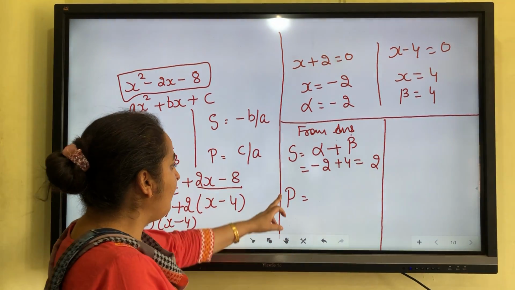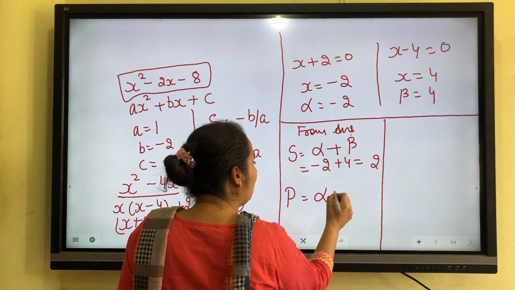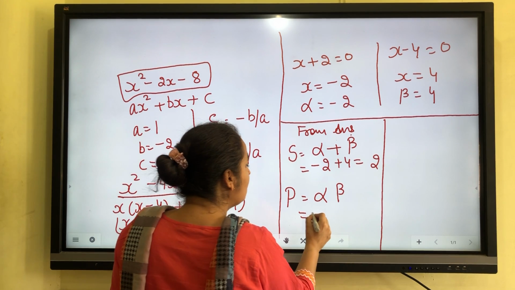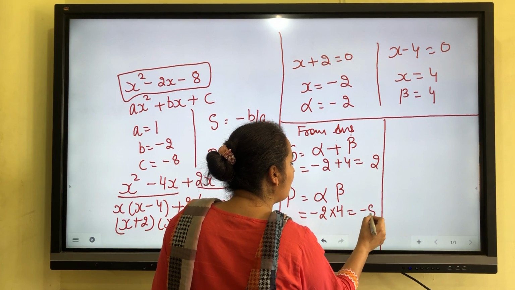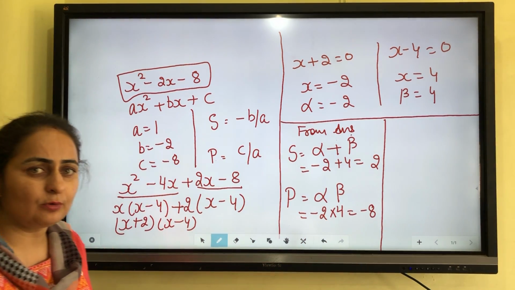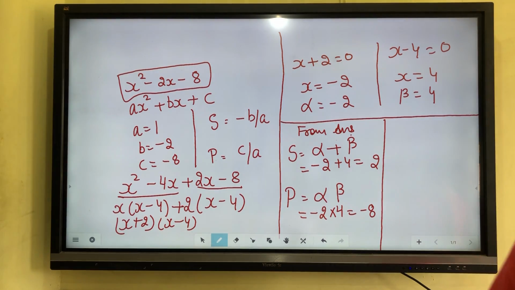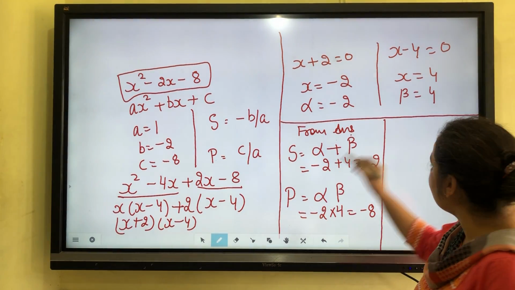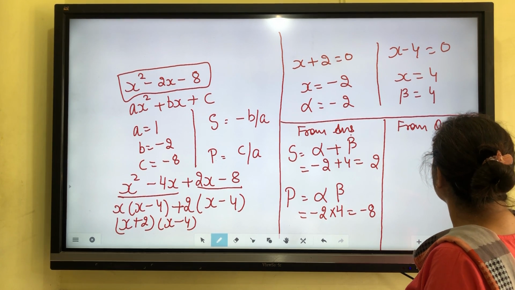Now again find the product from the answer. The first zero is alpha and the second zero is beta, and find the product. Minus 2 multiply 4 is equal to minus 8. But you want to verify whether the result is true or not. For verification, again I am finding the sum and product, now from the question.